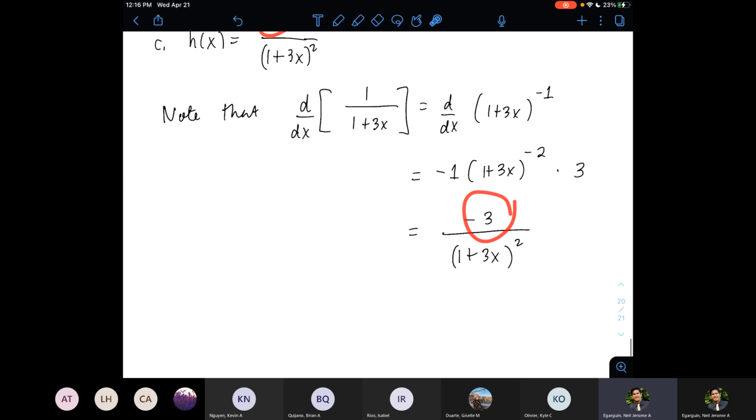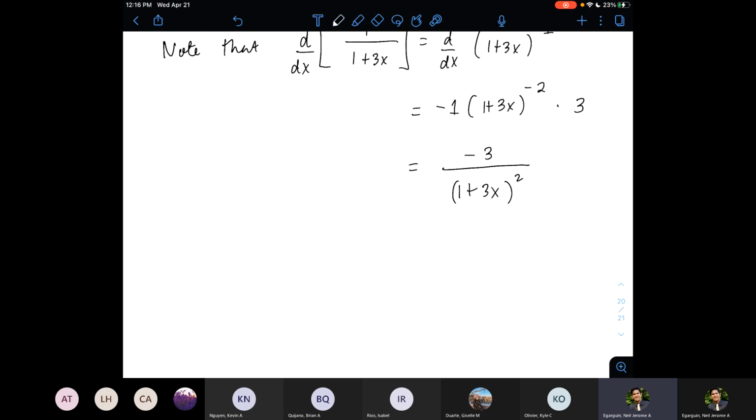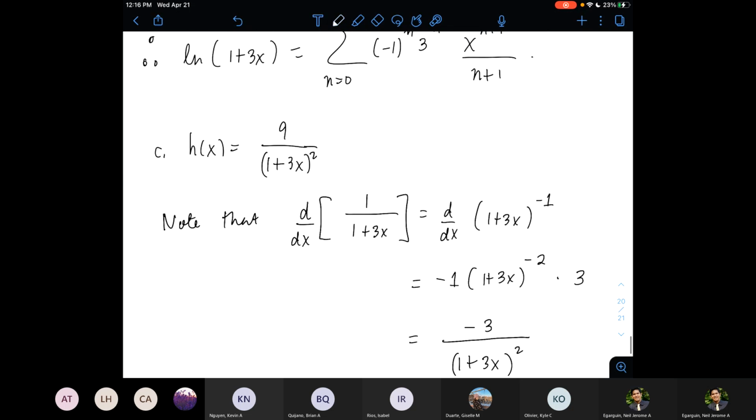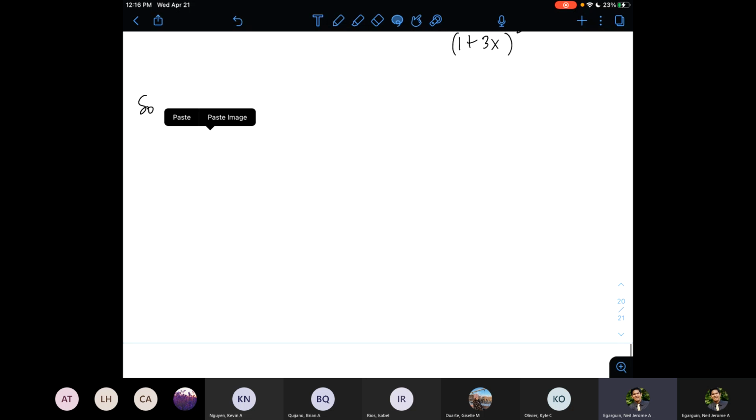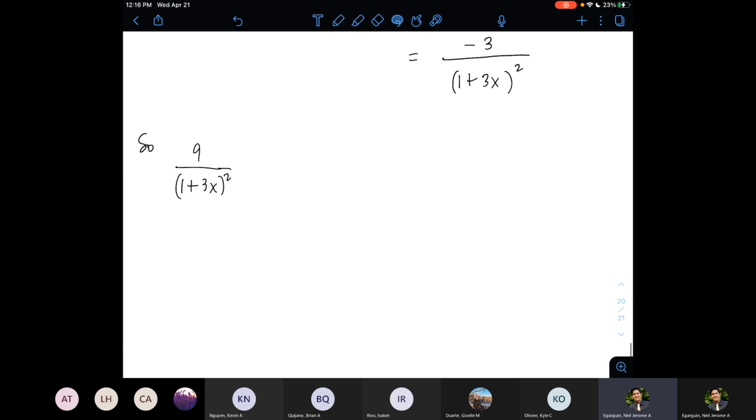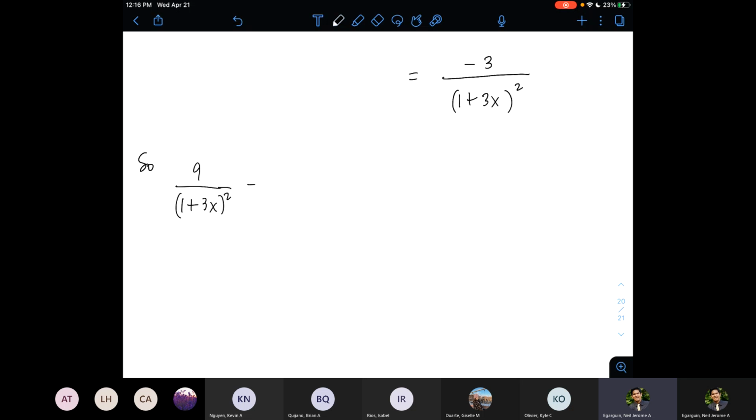So now how do I get the given expression? This function, whose power series expansion we are after, is directly related to -3 over 1 plus 3x quantity squared. But to get the 9, I need what? I need to multiply it by -3, right?